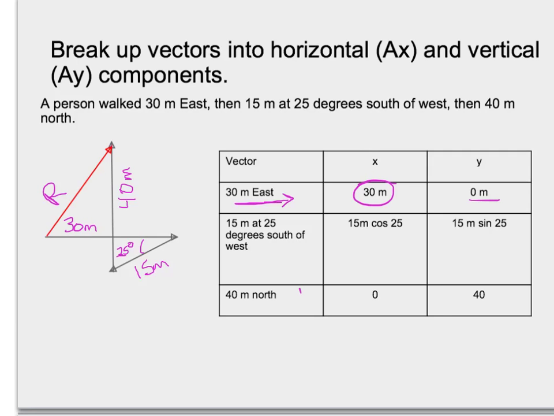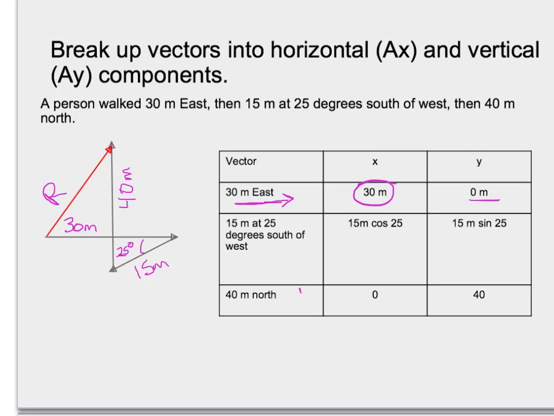Our second vector is 15 meters long at 25 degrees south of west. So since that one's diagonal, we need to break it up into its horizontal and vertical components. And the horizontal is always going to be cosine, and your vertical is always going to be sine.